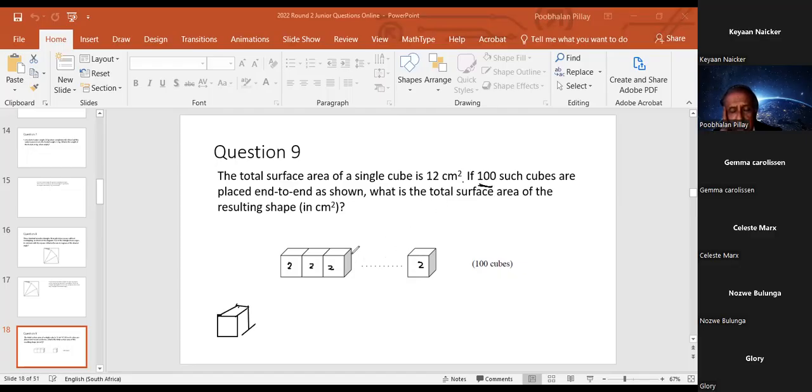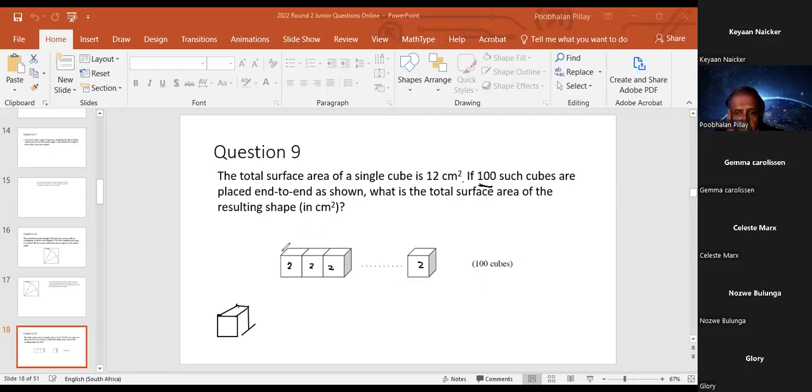What is the total surface area? Well, you got 100 of these. So this total surface area, you got 100 twos here. But you got also another 100 twos at the top, another 100 twos behind, and another 100 twos at the bottom. Right? That's the total surface area.